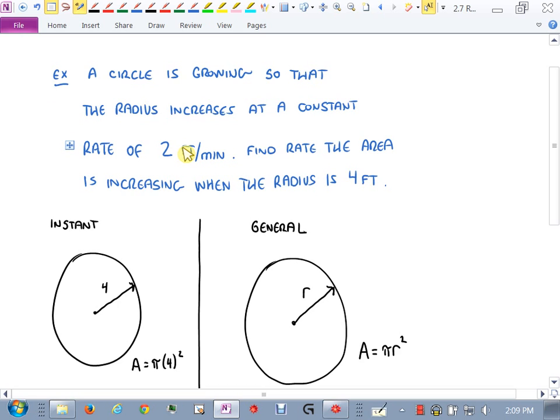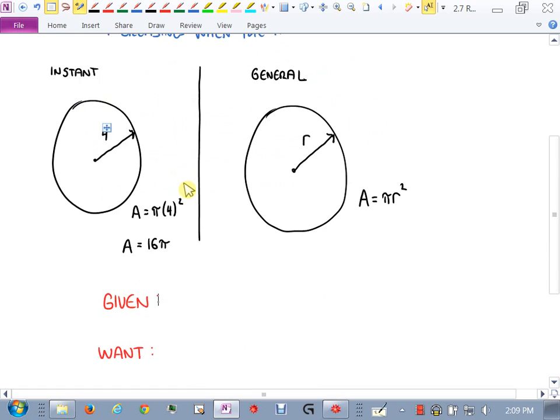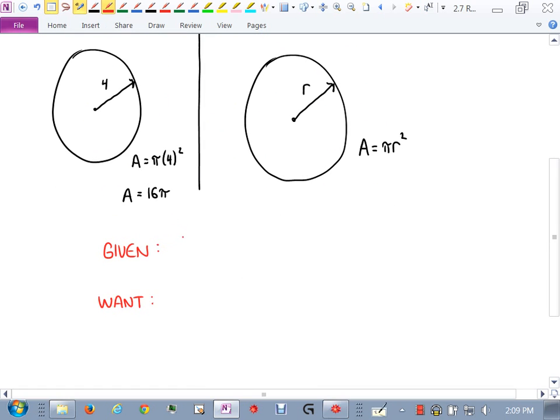In this particular case, it's the speed of what? The radius, right? Imagine that the radius is just a little point that's moving, right? That thing is moving at a rate of 2 feet per minute. So the way I'm going to write that, I need to somehow tell you it's a derivative, is I'm going to write that what I'm given is that the derivative of r, with respect to t.